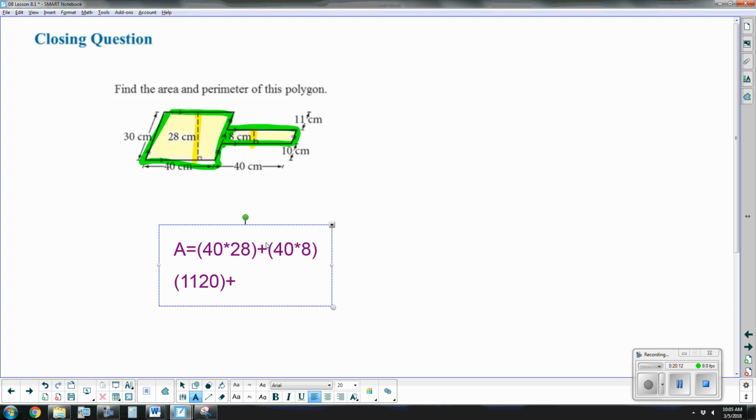And my smaller parallelogram, 40 times 8, is 320 centimeters squared. So 320 plus 1120 is 1440.